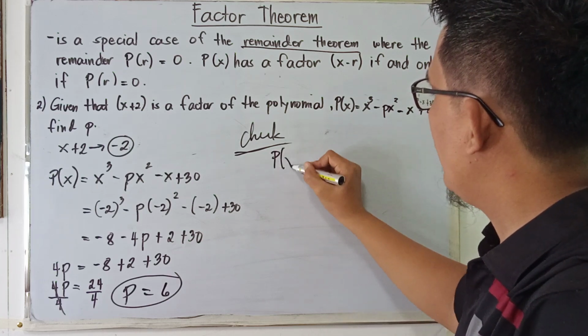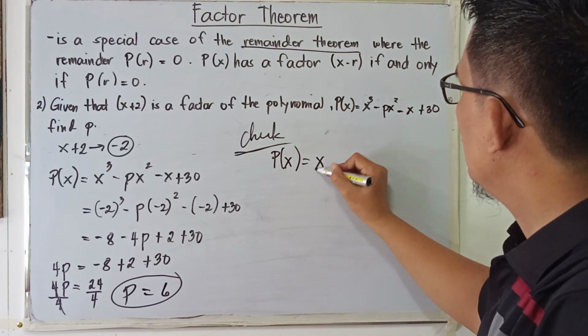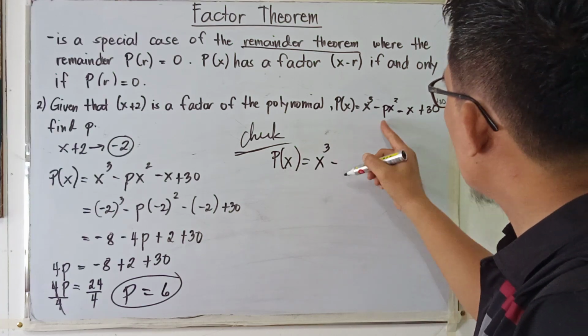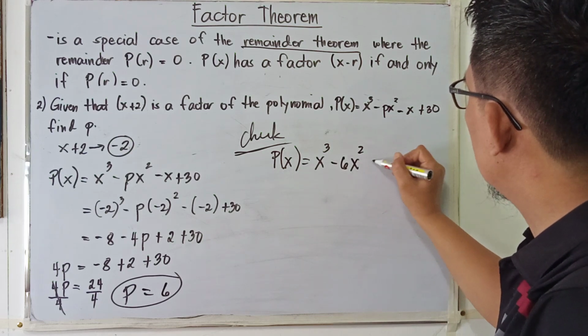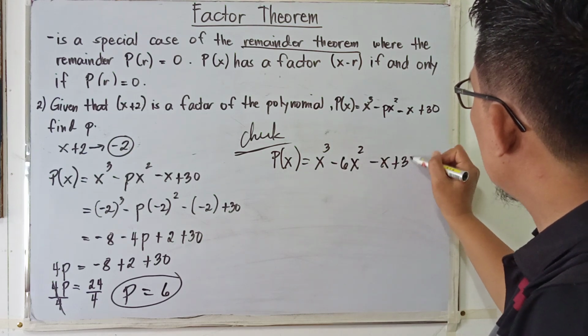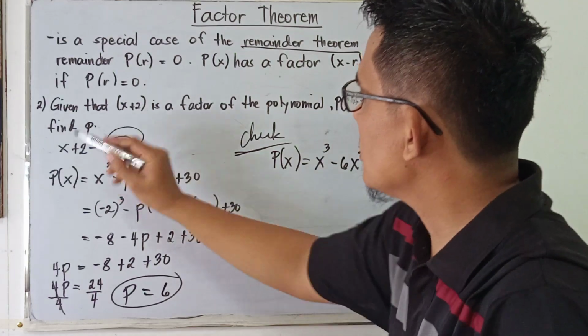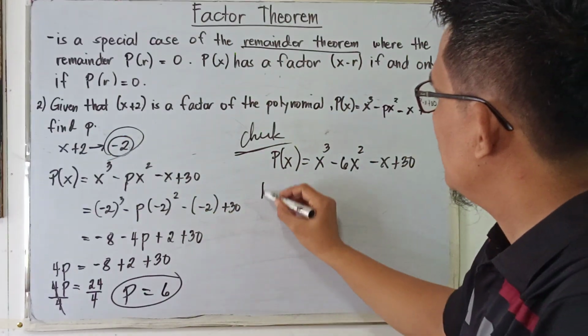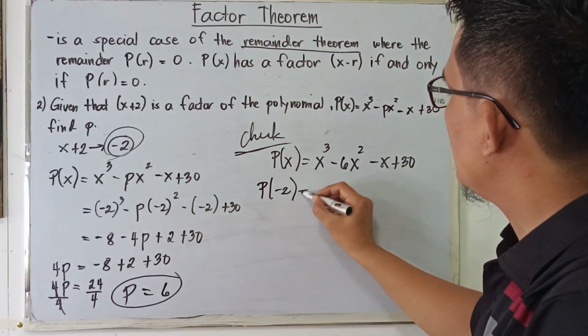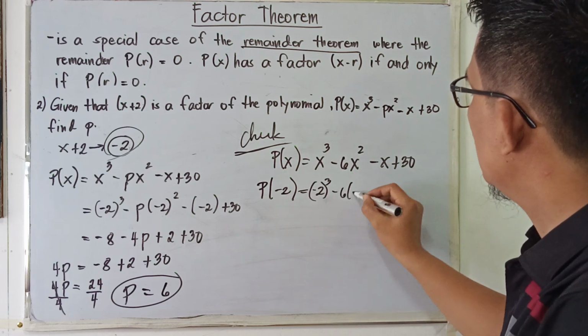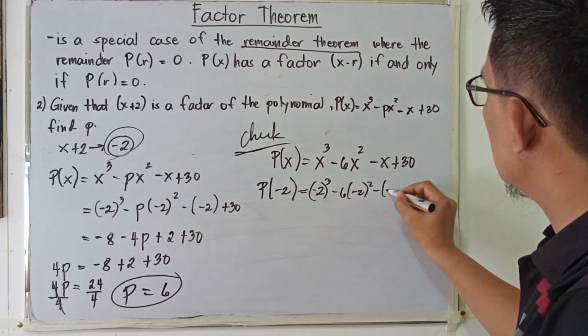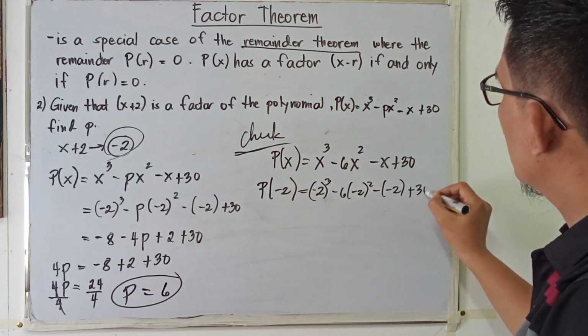So P of x equals x cubed minus 6x squared minus x plus 30. P of negative 2 equals negative 2 cubed minus 6 times negative 2 squared minus negative 2 plus 30.